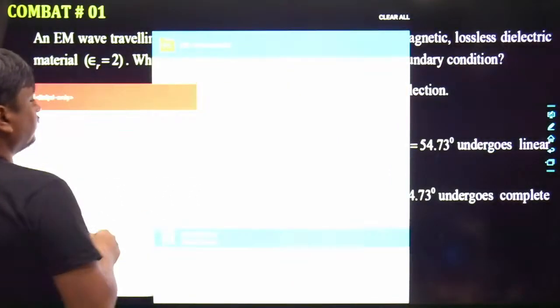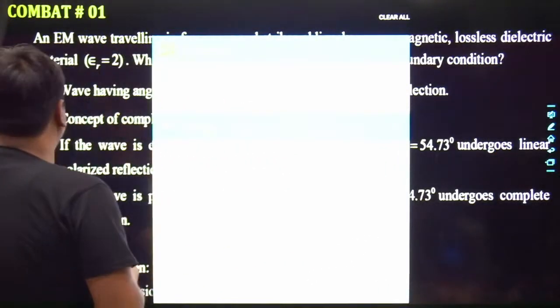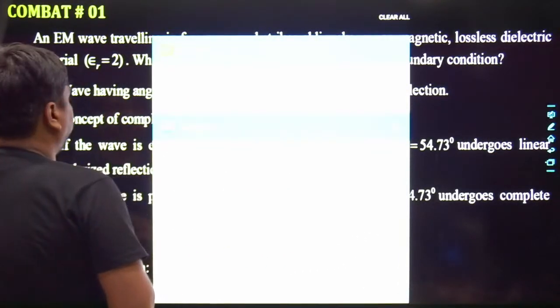Yes. So let me go into the next question. The next question of the day comes from page number 19 of our corresponding PDF.